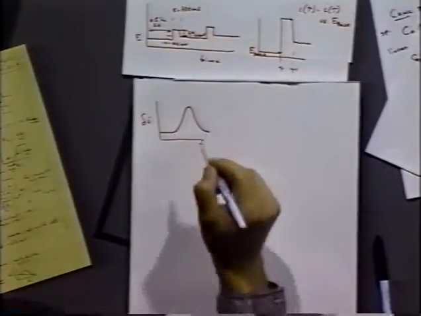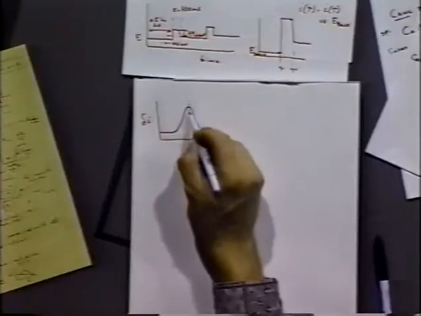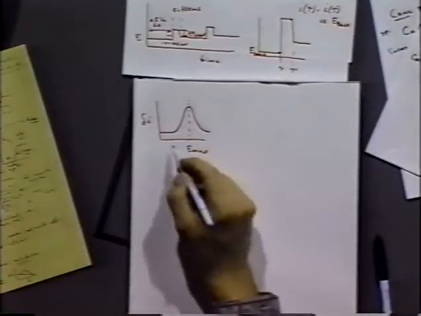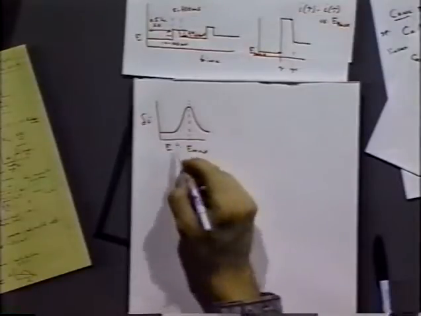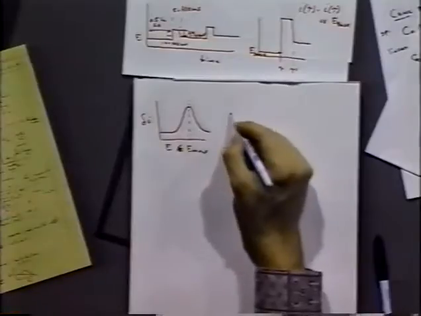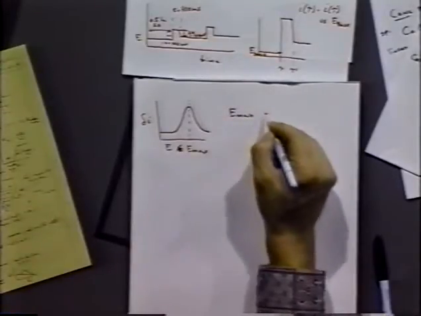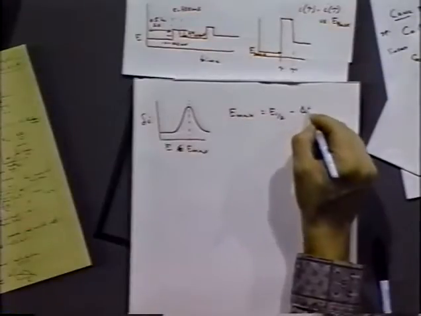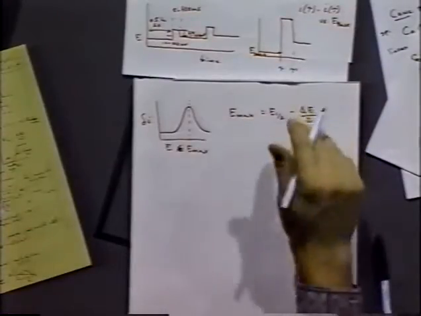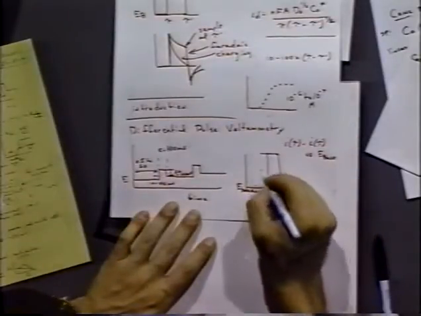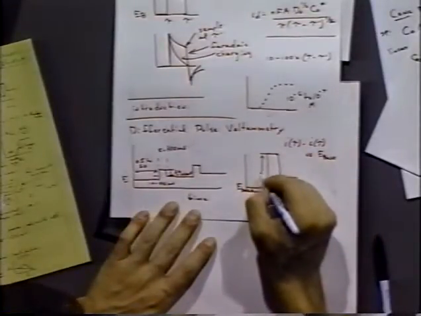And we get this nice Gaussian shaped curve where E max is equal to the center of that curve. E max should be equal to E1/2 minus delta E over 2, where delta E would be this distance here.